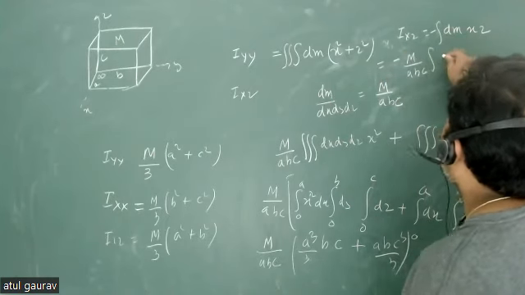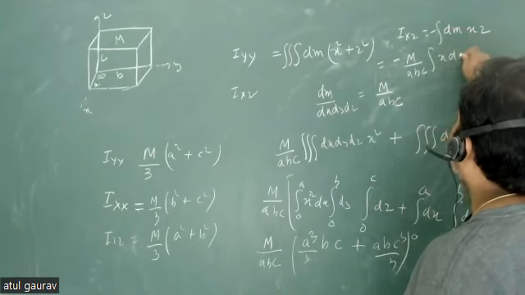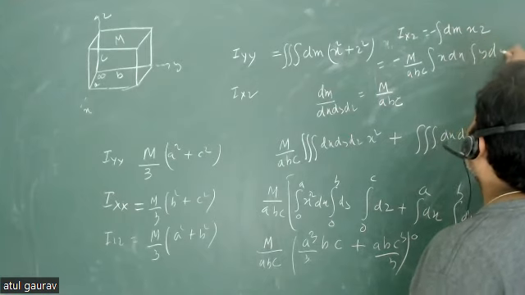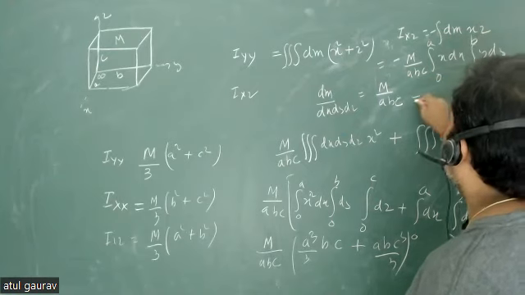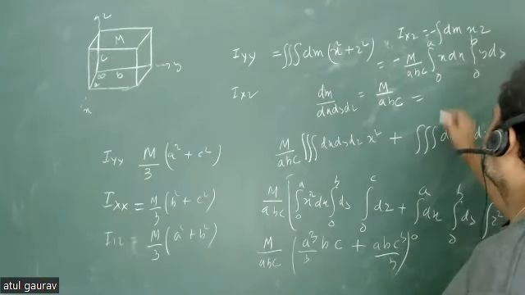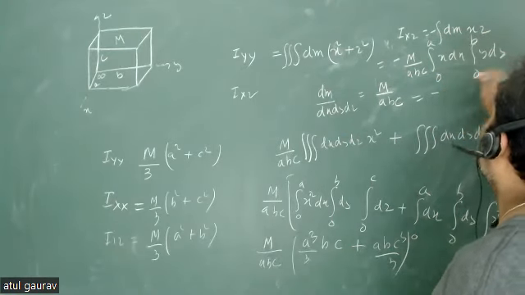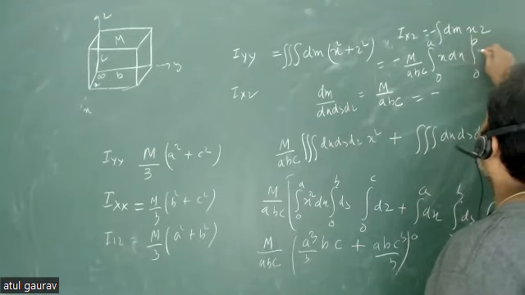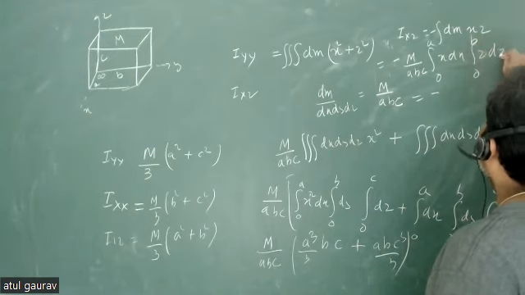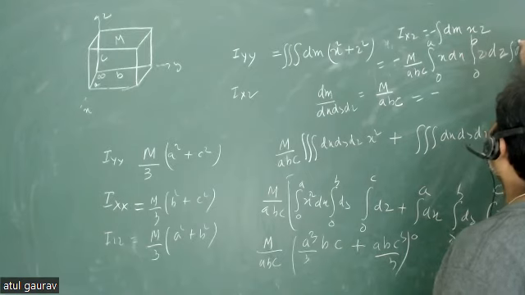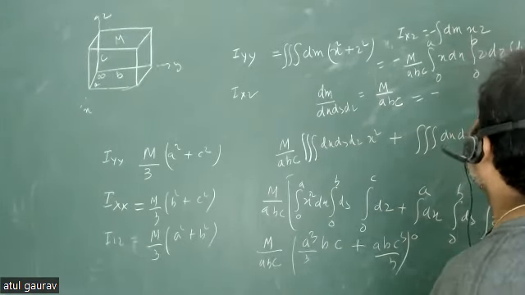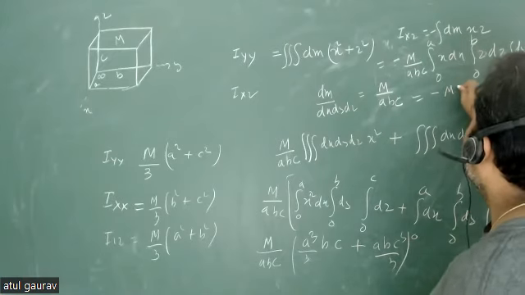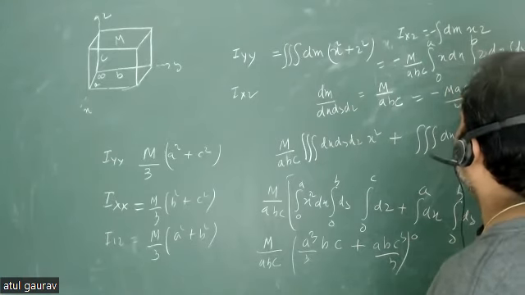And what do you have? x dx, y dy, 0 to A, 0 to B. What you will get? z dz, 0 to C. क्या आएगा ये? Minus M ac by 4.